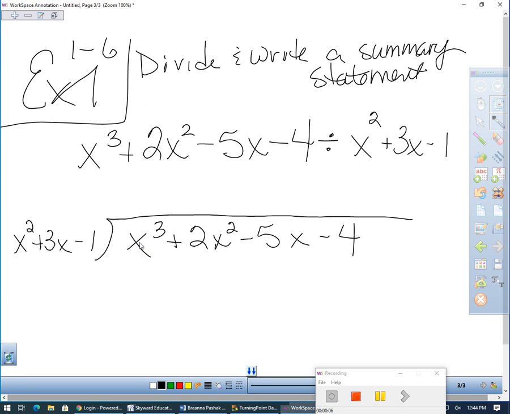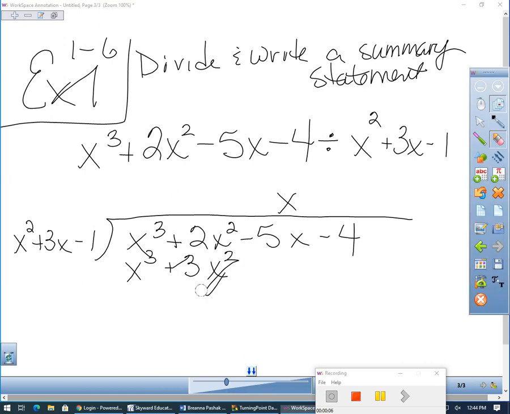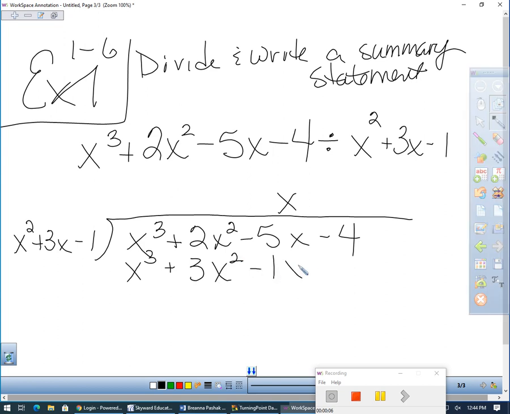Just an x, right? Put that above the x. X times x squared is x to the third. X times 3x is 3x squared. And then x times negative 1 is negative 1x.